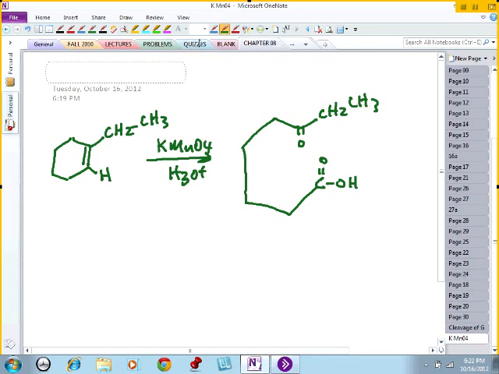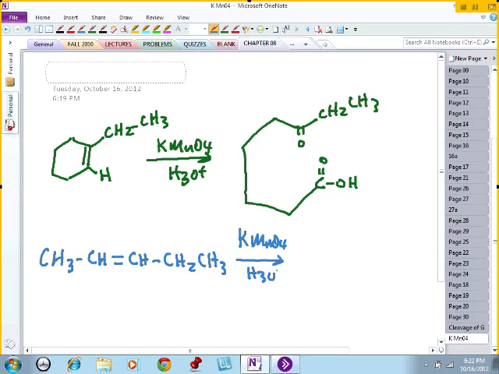Now, supposing we have this. What will be the product of this reaction? Potassium permanganate in acidic medium.